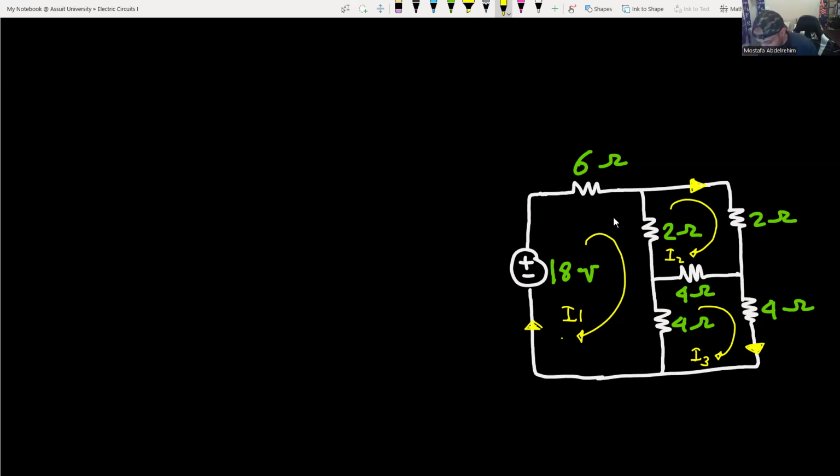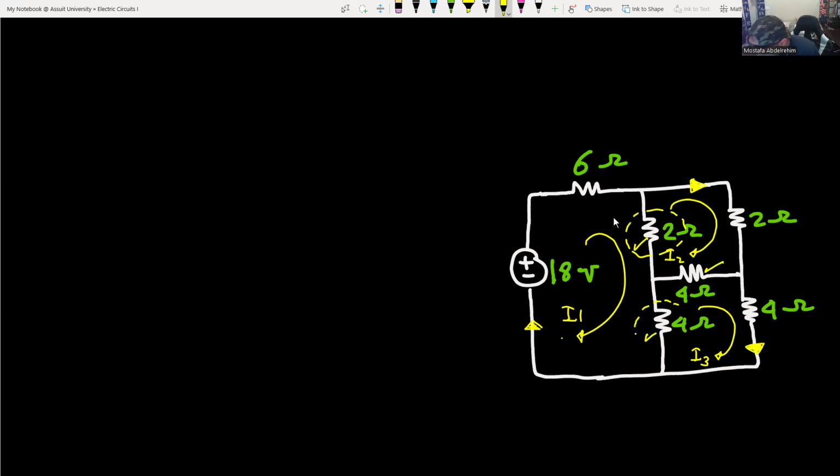So how about the resistances 2 ohm and 4 ohm here and the 4 ohm here? These have shared currents, a combination of I1 and I2, or I1 and I3, or I2 and I3. The 2 ohm resistance here has a current that is a combination of I1 and I2, because it's shared between the I1 mesh and the I2 mesh.